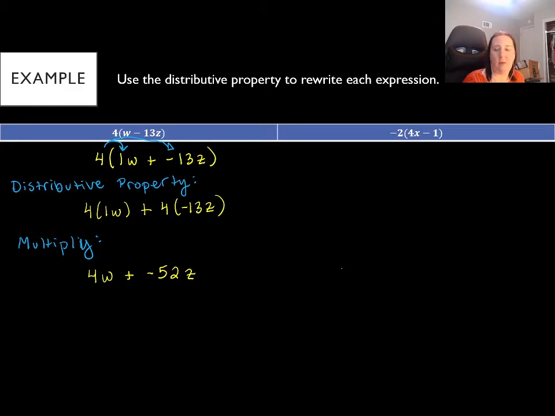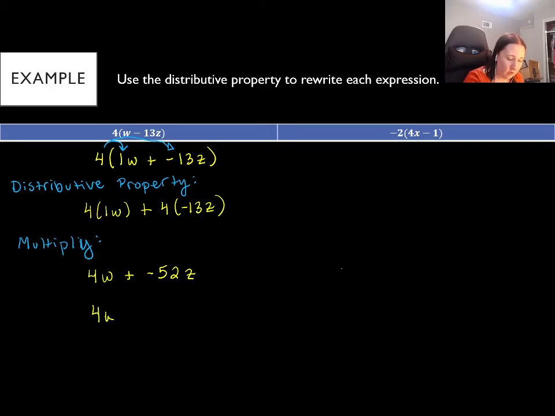So I've multiplied those out. Now, the w and the z, they're different variables, so we can't add them together. It's like you're trying to add apples and oranges. That doesn't give you a single fruit. That's 2 different fruits. So you can't combine them into a single fruit. So I can't combine these. All I do is just rewrite that plus negative into a subtraction.